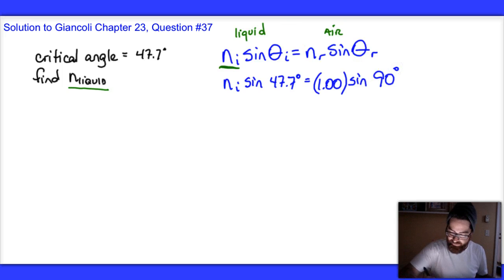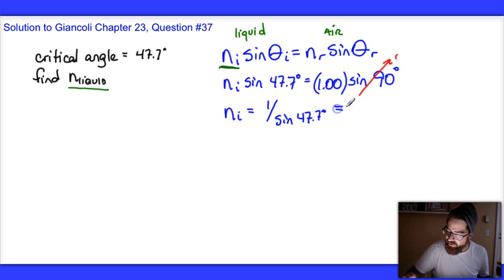The sine of 90 is 1, so basically everything on the right-hand side is just equal to 1. That makes this pretty easy, and so therefore the index of refraction is going to be 1 over the sine of 47.7 degrees. Make sure your calculator is in degree mode when you do this kind of stuff, and you get 1.35.